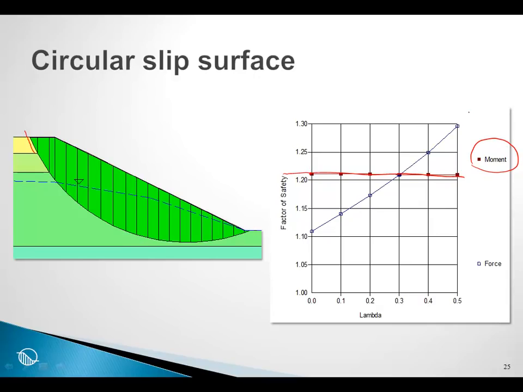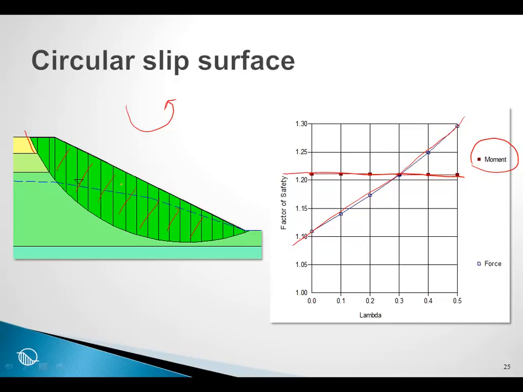Force equilibrium, on the other hand, is affected by interslice shear. And why is that? Well, imagine that this is a solid block. I always like to imagine something like a wood block. I can rotate this block without any slippage between the slices. As a result, moment equilibrium is independent of interslice shear because the interslice shear is not required in the rotation.